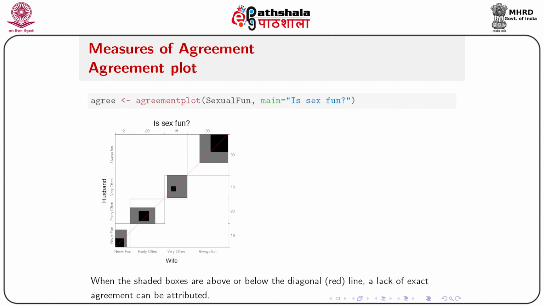Above and below the red line the areas are almost the same. Similarly for very often it's showing almost the same, but for the other two, you can see that most of the area is above the red line, so it's indicating some disagreement between the first two categories.